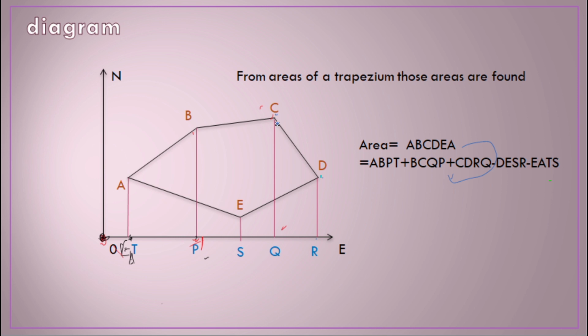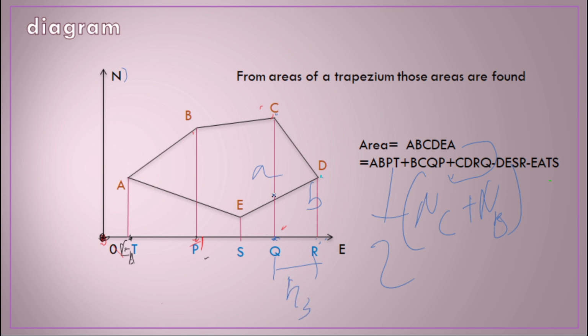So the area is a half into A plus B. A is the distance from our 0 to where C is, that is the northing of C, plus the northing of D, the distance from 0 to where D is found. Then multiplied by H, the distance found in between there.